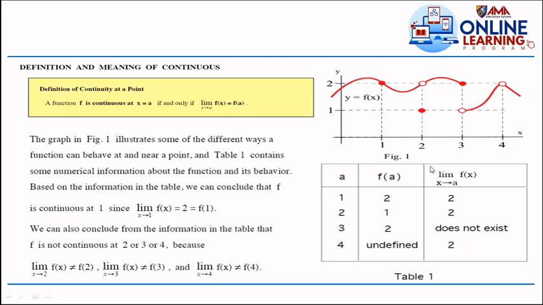So, doon sa function of a po natin, pag tinitingnan po natin, ang tinutumbok niya yung mga solid na circle. Okay? Pero doon sa functions po natin, doon sa third column, doon sa limit po natin, kung saan po tatama yung x natin doon sa function. Kaya dito siya tumama. Kaya ang sagot niya ay 2. Sa function of a natin, dito siya tumama dahil nandito yung solid circle, ito na siya.